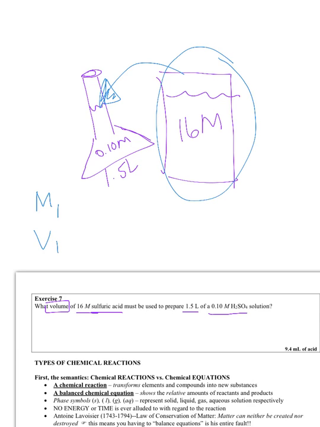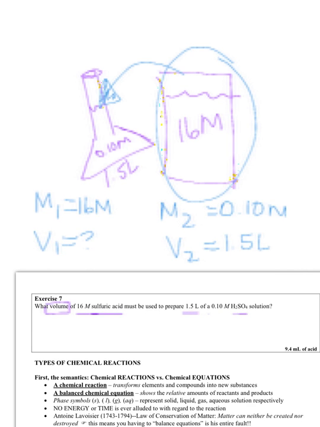Concentration 1, volume 1, concentration 2, volume 2. What volume? So there's my question mark of 16 molar sulfuric acid. So how much of this 16 molar sulfuric acid must be used to prepare 1.5 liters? The new volume I'm making is 1.5, and the new concentration that I desire is 0.10 molar sulfuric acid.